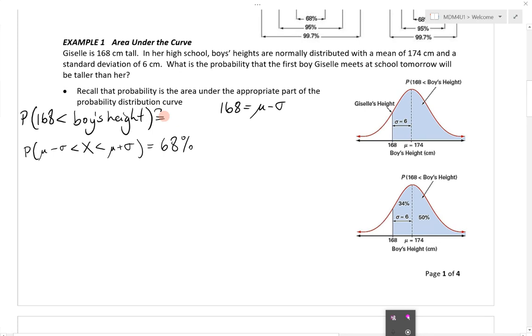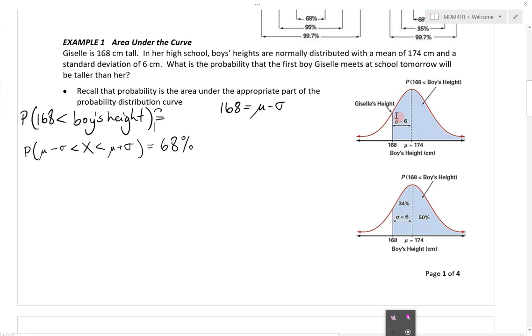How do I use this fact? I'm going to divide the problem in two. This is the distribution curve that we're interested in, and the blue shaded area is the area that we want to calculate. The probability that the boy will be taller than Giselle is represented by the blue shaded area. I can find that by looking at half of the 68%.